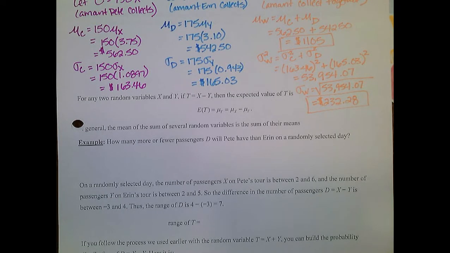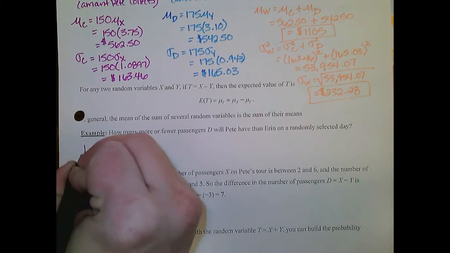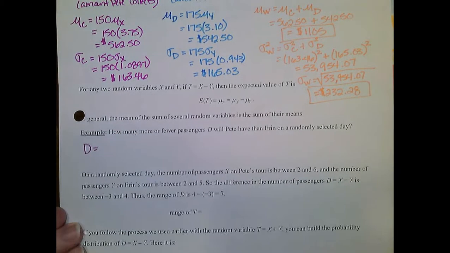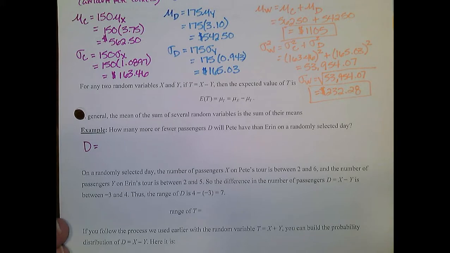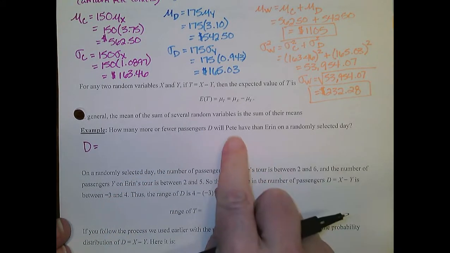So say, for example, we want to know how many fewer passengers, D, Pete will have than Aaron on a randomly selected day. So we're defining a new random variable, D, and that random variable D is going to be how many more or fewer passengers Pete will have than Aaron.